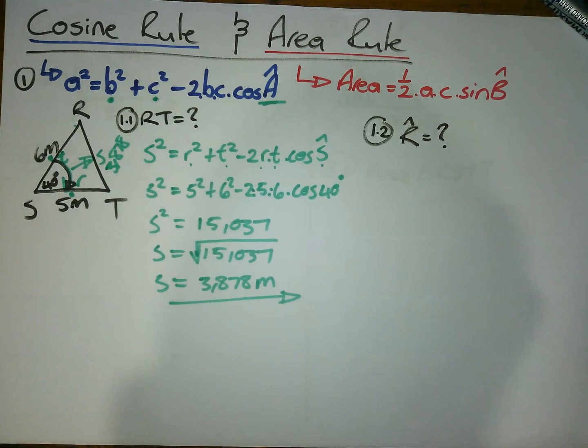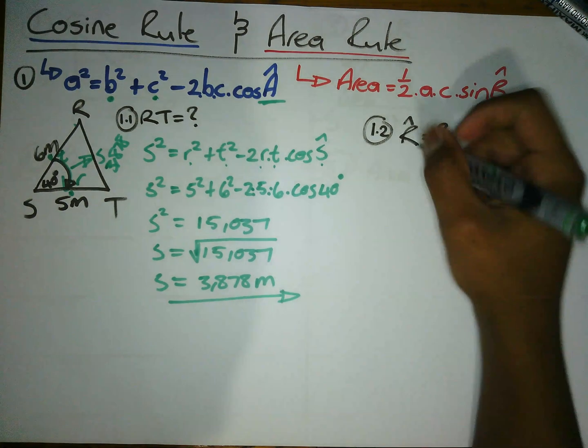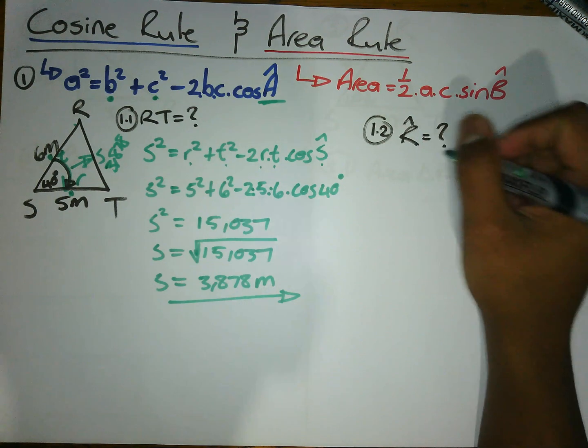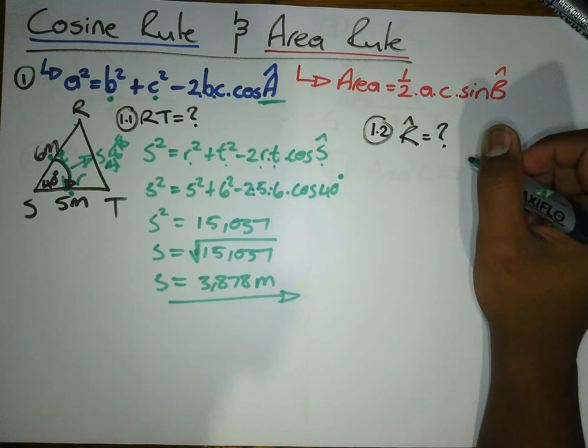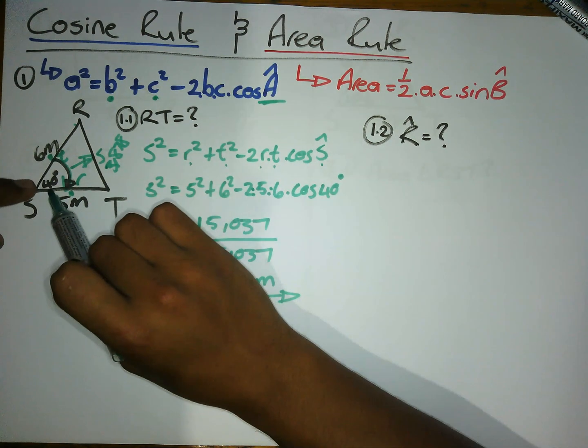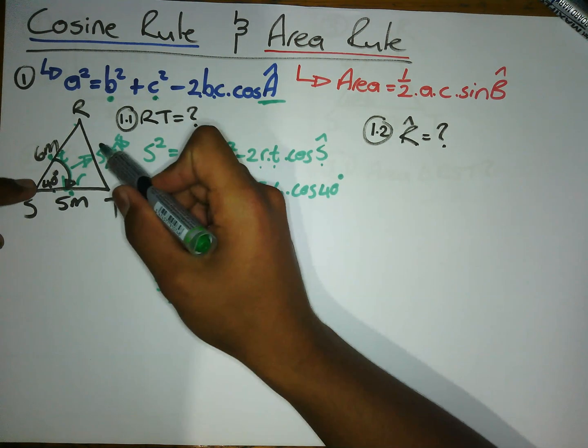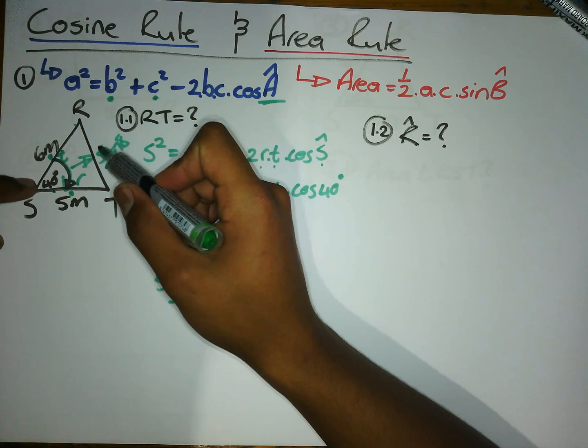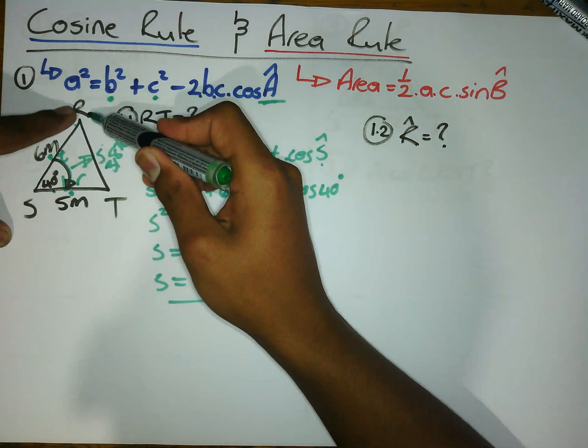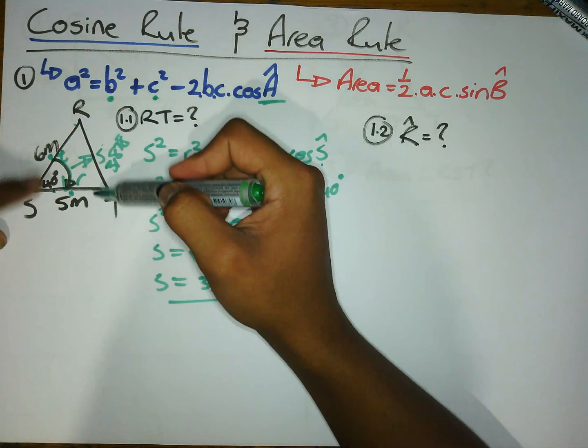So the next question is to calculate angle R. Because we have knowledge of our sine rule, right? And our sine rule is saying sine of the angle over a side equals sine of an angle that I don't have over a side that I do have.